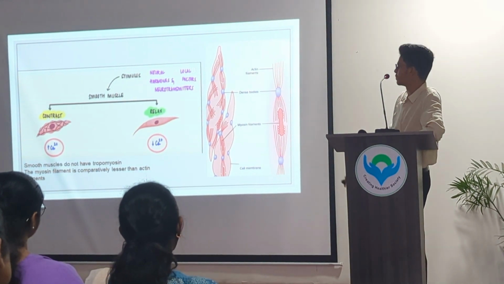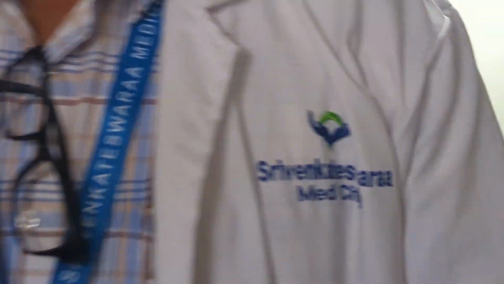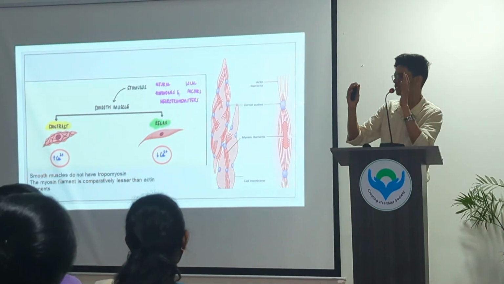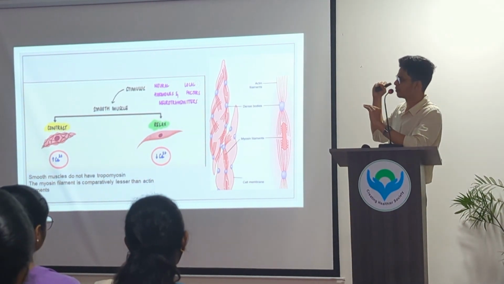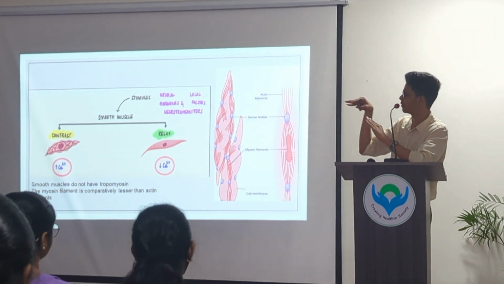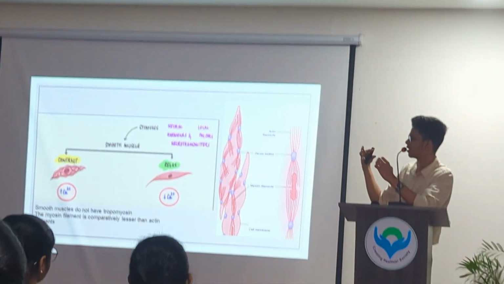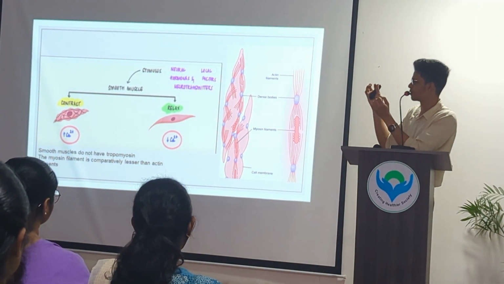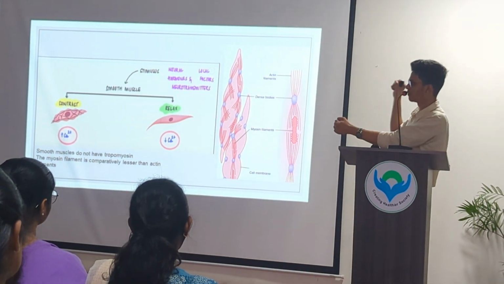So how does this calcium come? This calcium flows in through gap junctions, and the contraction is like it's contracting from all sides. Whereas in skeletal muscle, the contraction slides forward and backward, like this. But in smooth muscle, it's like this. I think you can understand. It's from all the directions, whereas in skeletal muscles, it's like that.